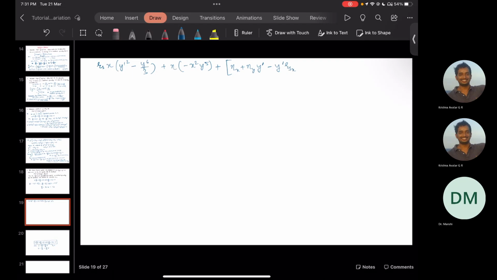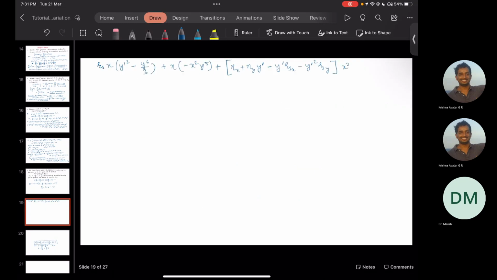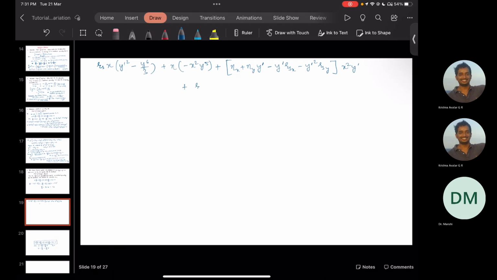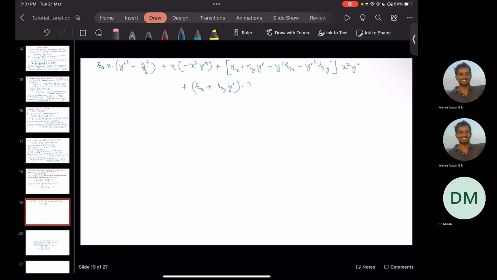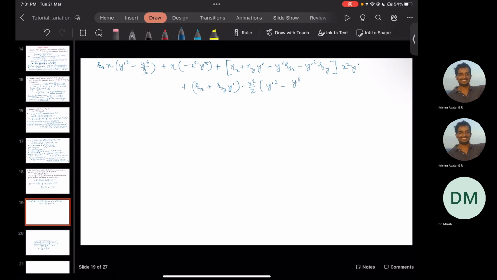So eta y, xi y, and this multiplied with x squared y prime, and finally plus y prime, and this evaluates to 0.